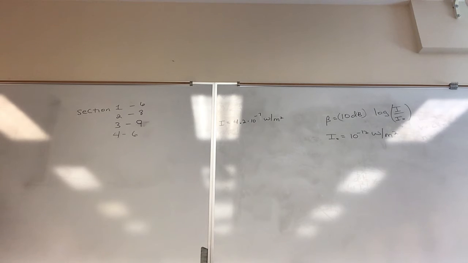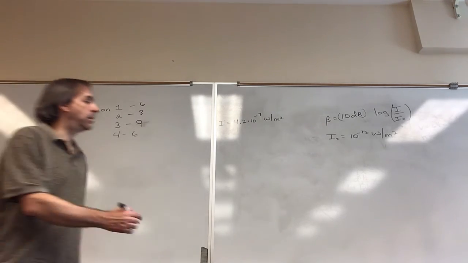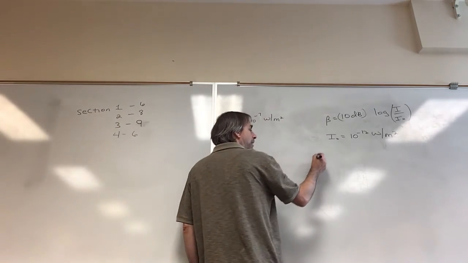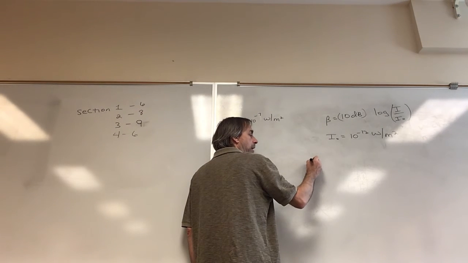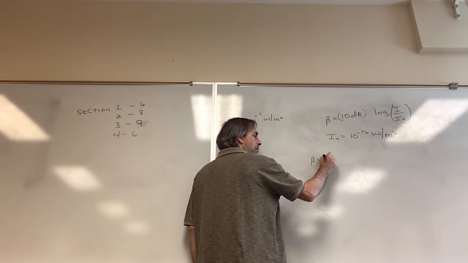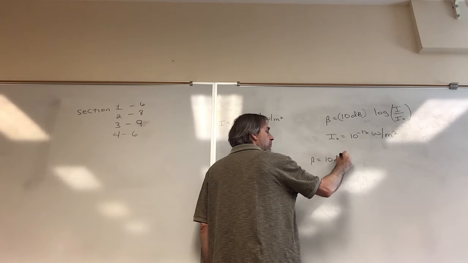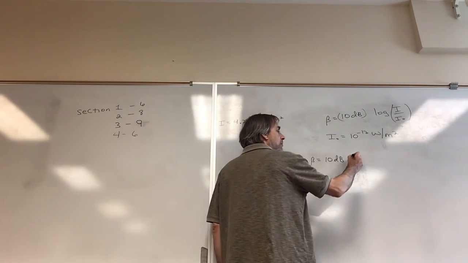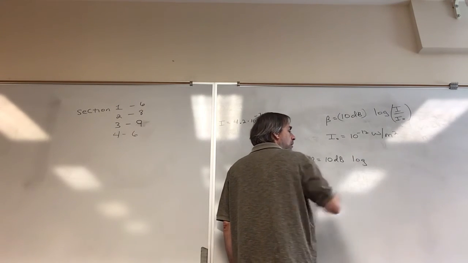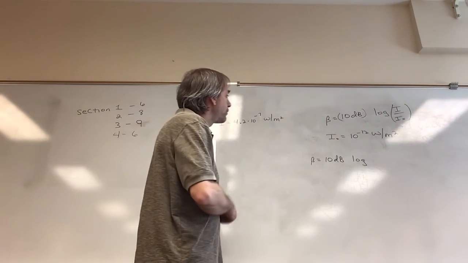Ideally, the only thing you use the calculator for is taking the logarithm of a number between 1 and 10. And you can just plug it in right away if you want, but let's do as much algebra as we can, because calculator mistakes are one of the most common mistakes that people make.